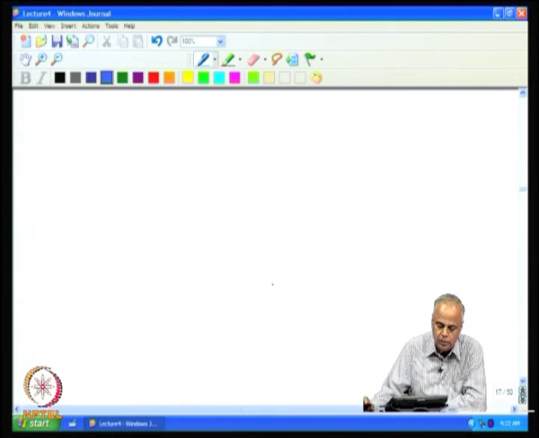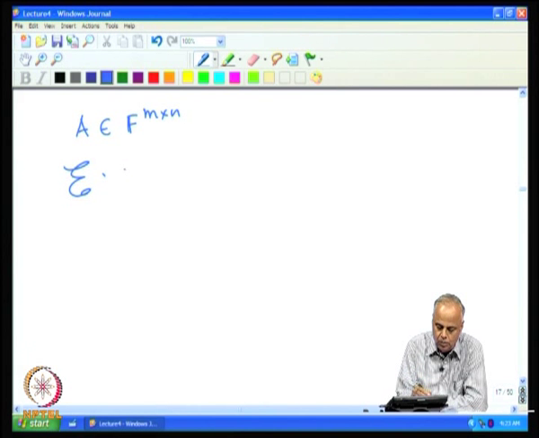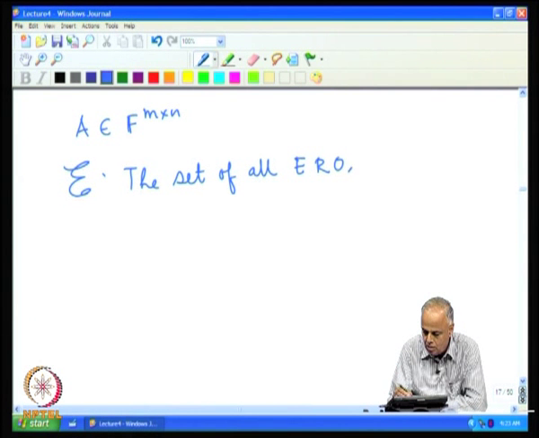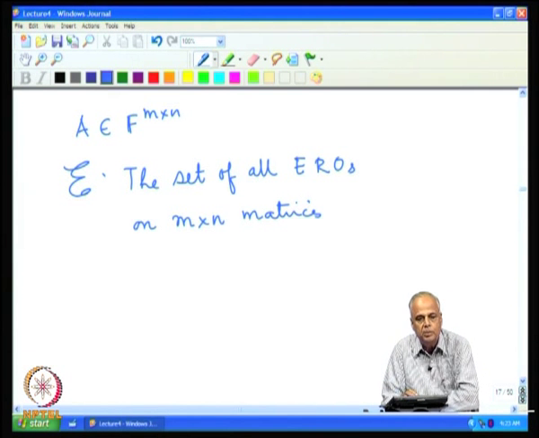So, now what we will do is, let us take F m n and let us denote by E the set of all elementary row operations on m by n matrices. All possible elementary row operations on m by n matrices.